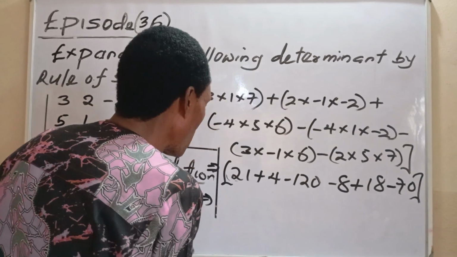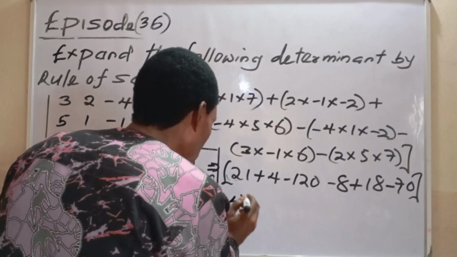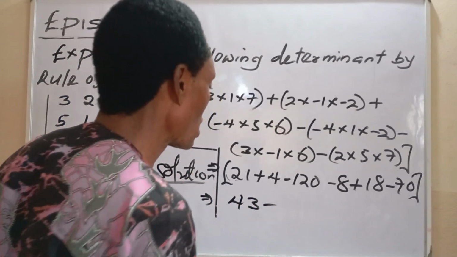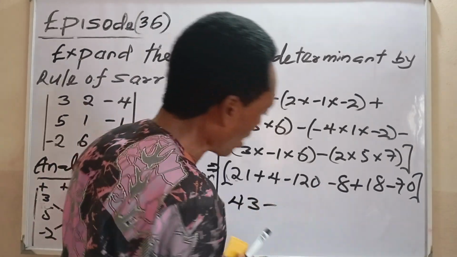So we are now having 43 minus, okay, let's see. This is minus 120 minus 8, which will give you minus 128.